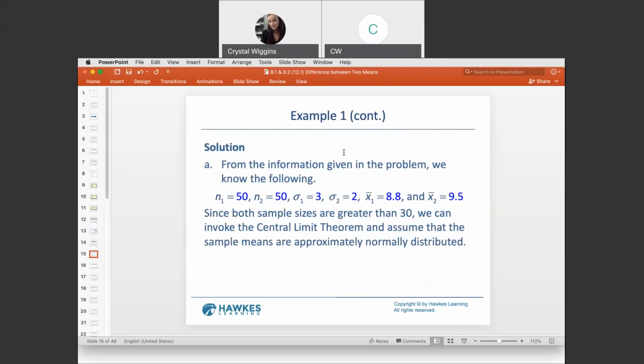From the information given in the problem, we know the following statistics and parameters. Since both sample sizes are greater than 30, they're both at 50, we can invoke the central limit theorem and assume that these samples are normally distributed, at least approximately, and therefore it allows us to run the test with the z-test statistic because these sample sizes are large enough and we know both population standard deviations.